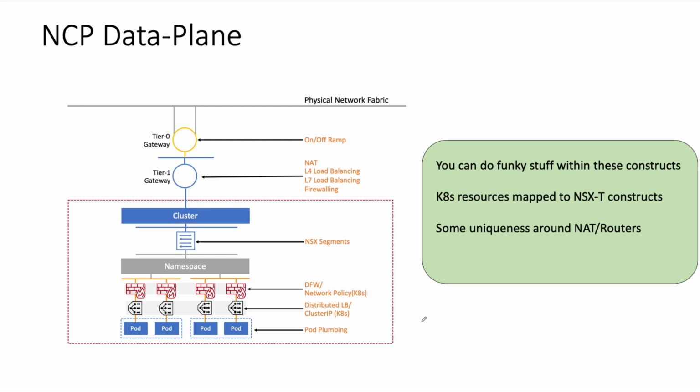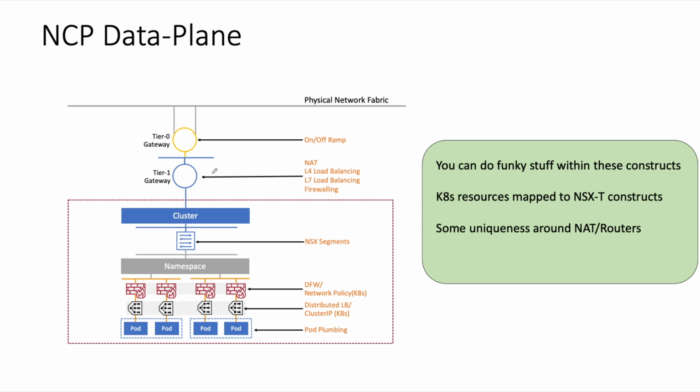On the data plane side, remember I was showing you that NCP proxies some of the configuration to your NSX managers. So basically what that means is, as you're defining load balancers, or a NAT mode, or firewalling or whatever, that's going to be proxied into NSX-T's tier one gateways for the load balancing, like type LB and then Ingress, right?